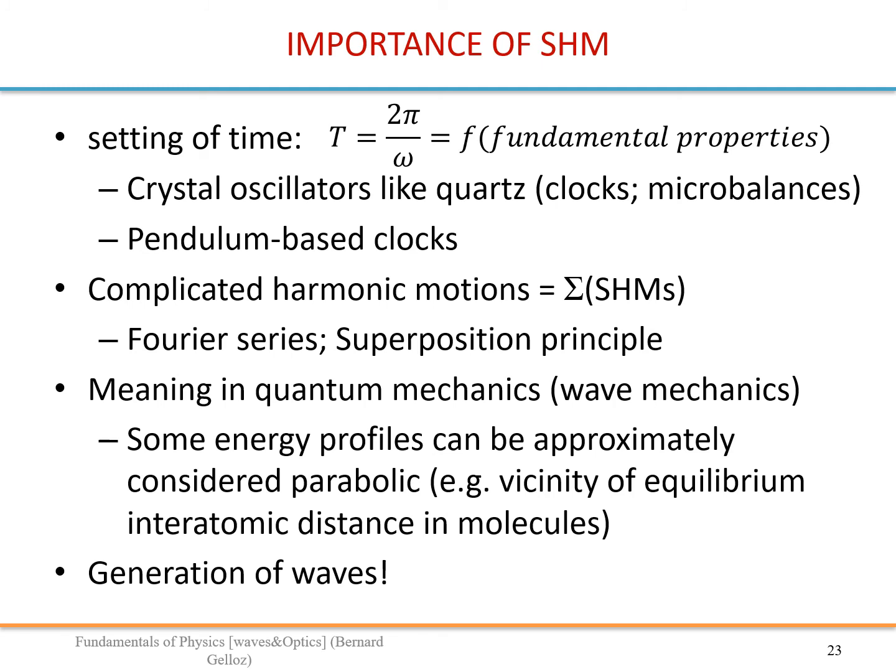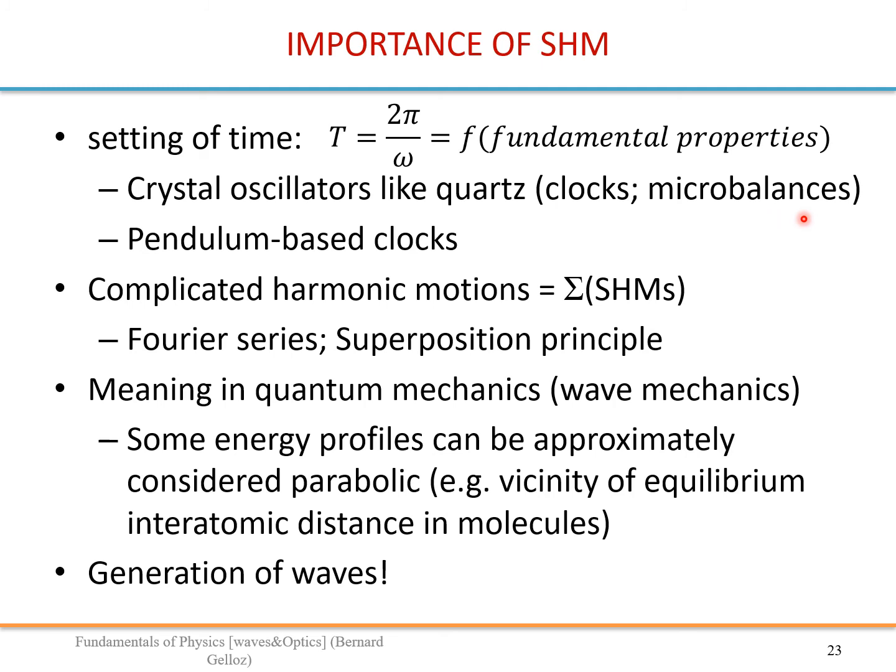Let's take some time to look at the importance of simple harmonic motion. It can be used to set the time. You've probably heard of crystal oscillators like quartz, for example, for clocks. It can be used also for microbalances. Microbalances are used in chemistry.